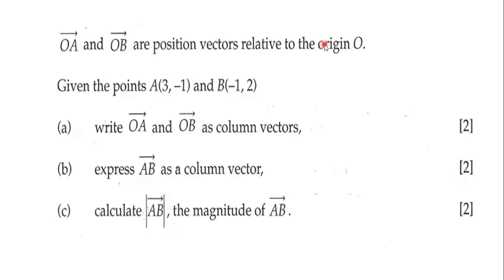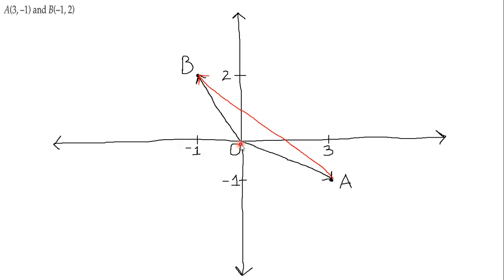What that means is that for the vector OA, because it is a position vector, its tail or initial point would be at the origin, or at the point (0, 0). The same thing goes for the vector OB.